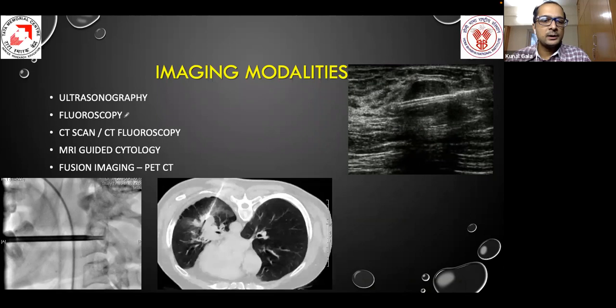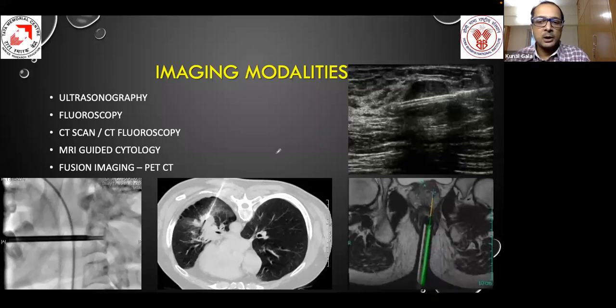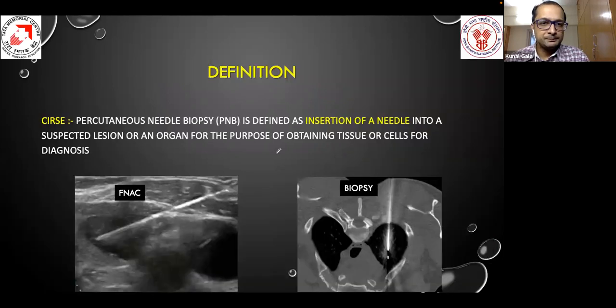CT scan or CT fluoroscopy, particularly for lungs or abdominal organs which are not easily visualized on ultrasound. MRI-guided biopsy, particularly for prostate and breast, and fusion. Either you combine a PET CT scan and target the same, either with cognitive fusion or real-time fusion. So it depends on the imaging modalities available at present.